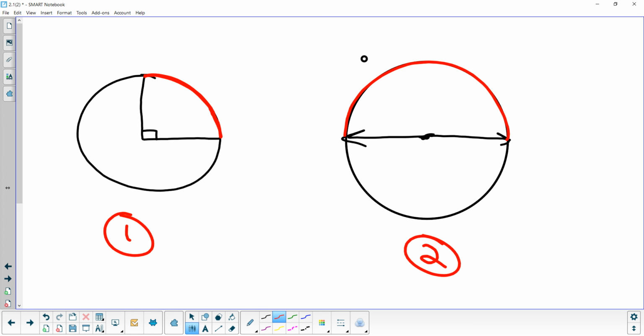Half of it. So what's the relationship between a 90-degree angle and a 180-degree angle? 180 is how many times bigger? Twice. The angle in picture 2 is twice as big as the angle in picture 1. Well, the arc in picture 2 is also twice as big as the arc in picture 1. And that relationship always happens.